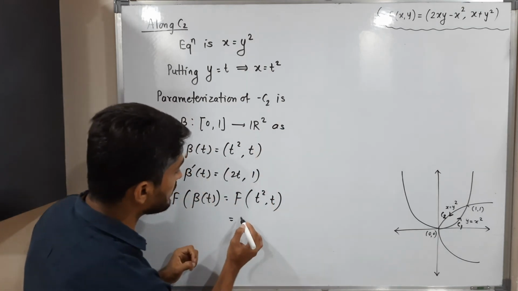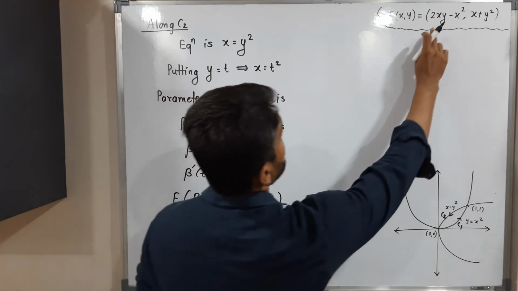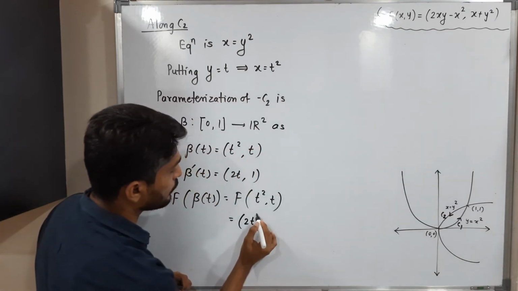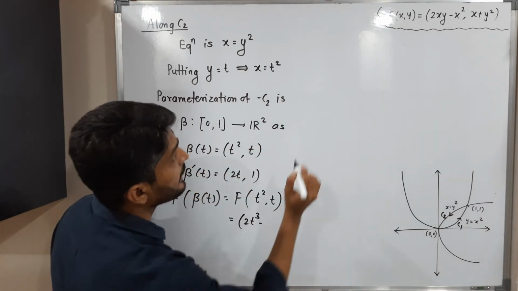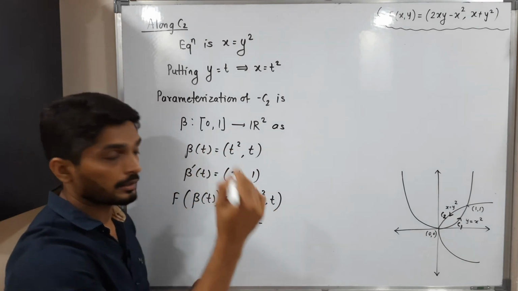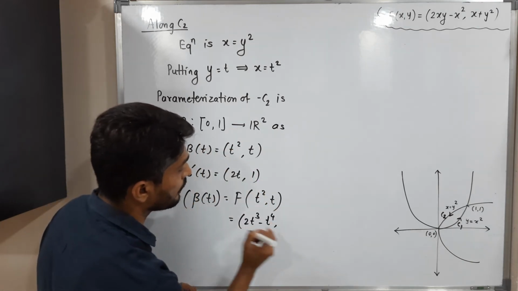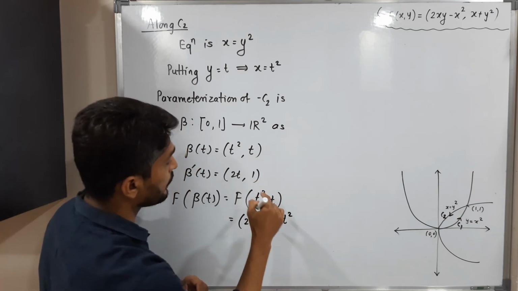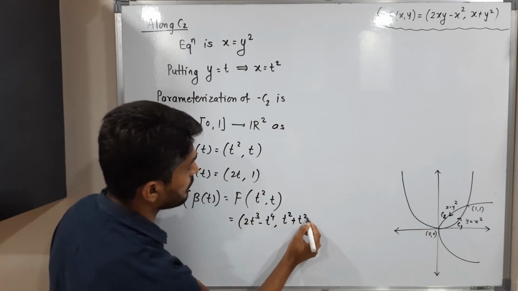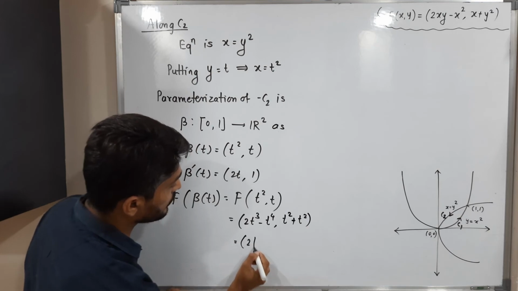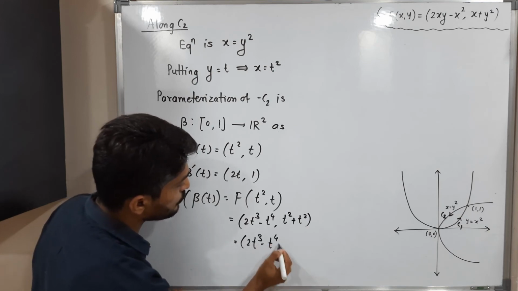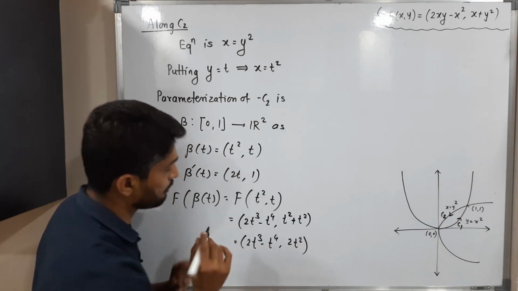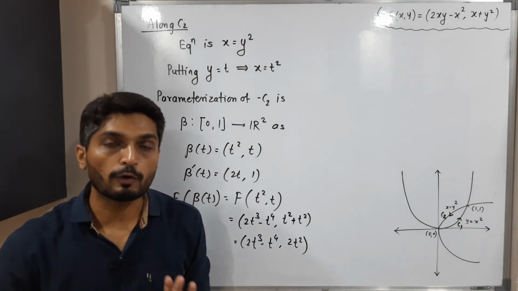Let us see what we'll get. 2 t square into t cube, minus x square, t square square, it will be t raised to 4, comma x which is t square, y square, t square, that means t square. So let me write here 2t cube minus t raised to 4, and this is 2t square. So yes, finally we got f of beta of t.